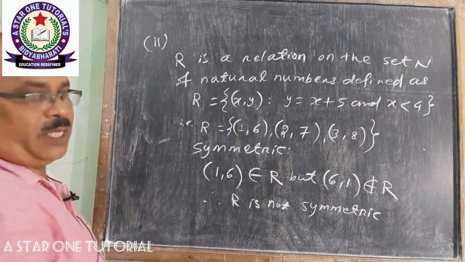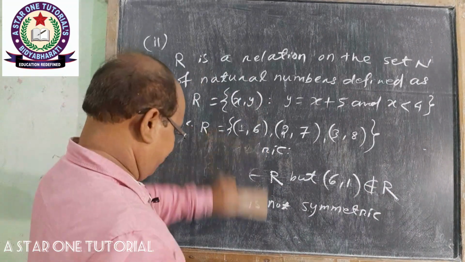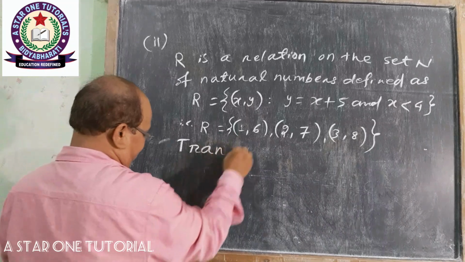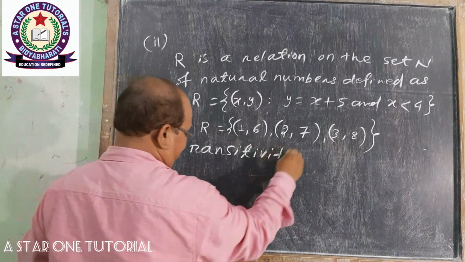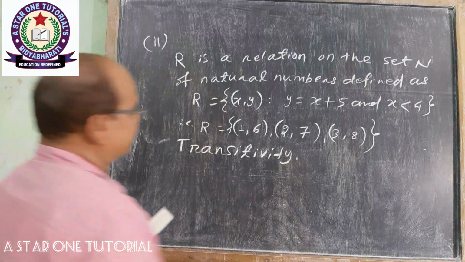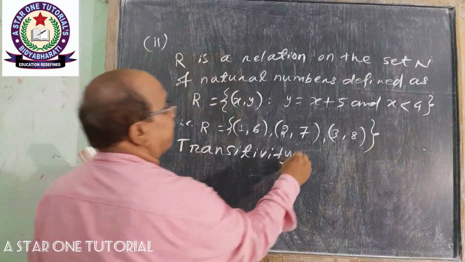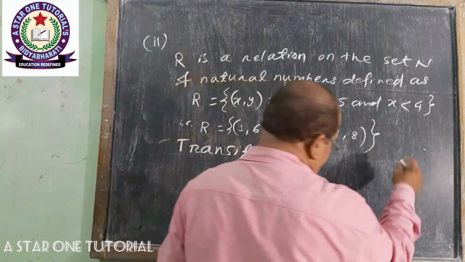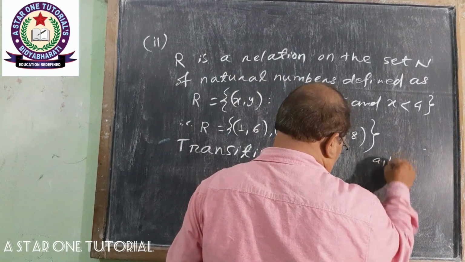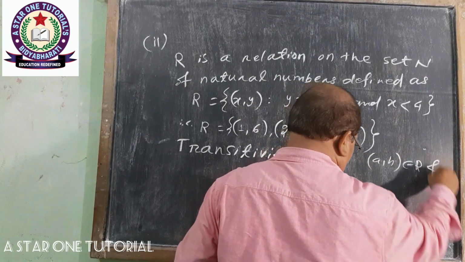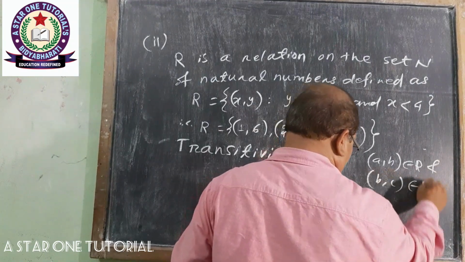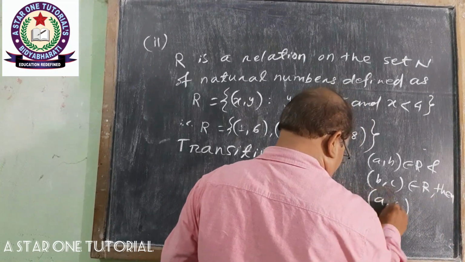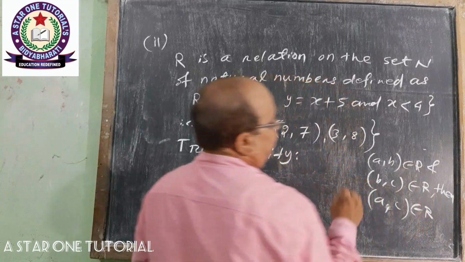Then come to transitivity. Here, what is the condition for transitivity? If (a, b) belongs to R and (b, c) belongs to R, then (a, c) belongs to R. This is the condition for transitiveness.